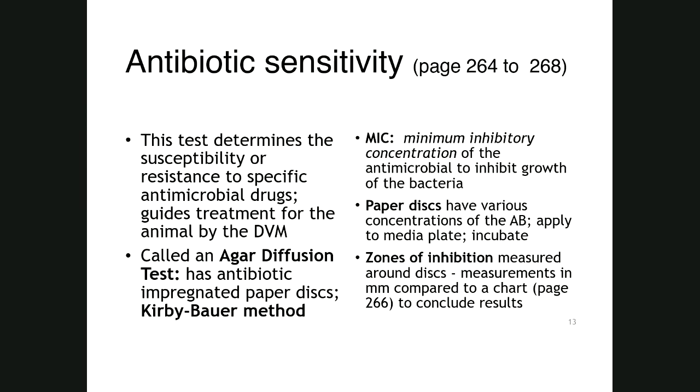Quite often, a general practice veterinary office will probably just have a couple choices of these discs. But a veterinary diagnostic laboratory may have a variety of concentrations and a variety of antibiotics to see at what level the drug would actually inhibit the growth. And then you measure around it in millimeters and compare that to a chart.